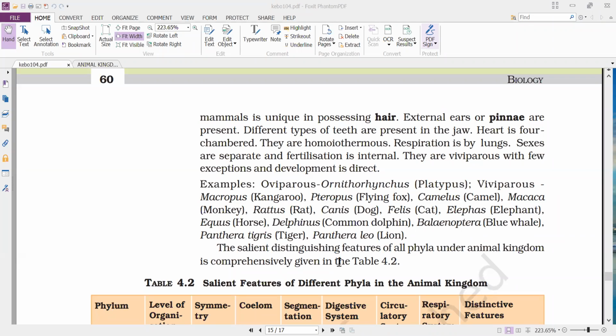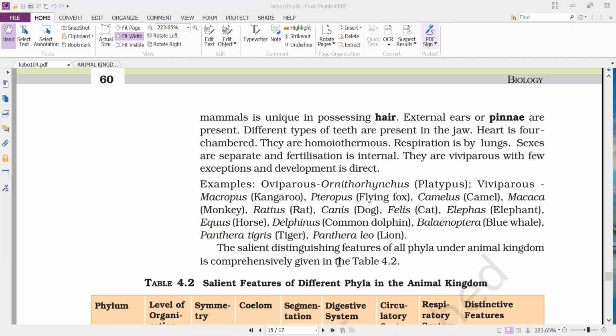And the viviparous ones. Macropus, that is kangaroo. Pteropus, that is a flying fox. Flying fox means bat. Next, Camelus, that is camel.